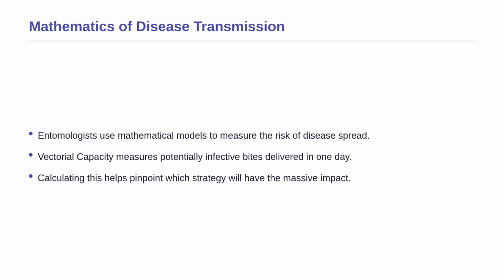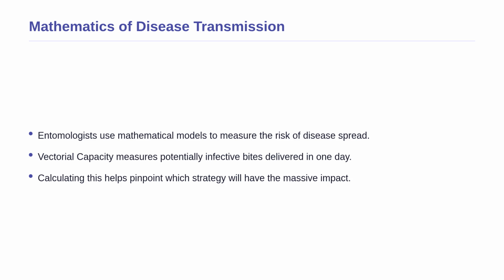Having established our core strategies, we now need a way to measure their potential impact. To truly understand how these management strategies work, we must look at the mathematics of disease transmission. Entomologists and epidemiologists use a powerful mathematical model known as vectorial capacity.